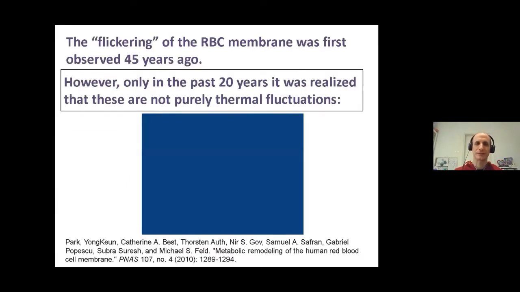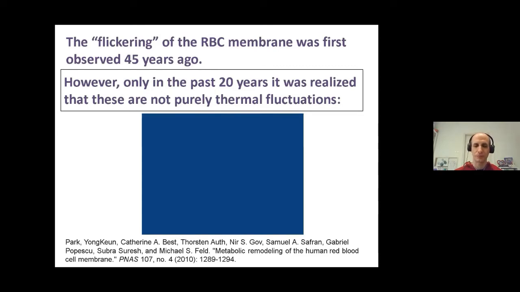This system has been known already from the 70s to exhibit flickering, which means that the membrane of this cell seems to be constantly fluctuating. But it took many years to realize that these fluctuations are not purely thermal fluctuations, but also come from activity.